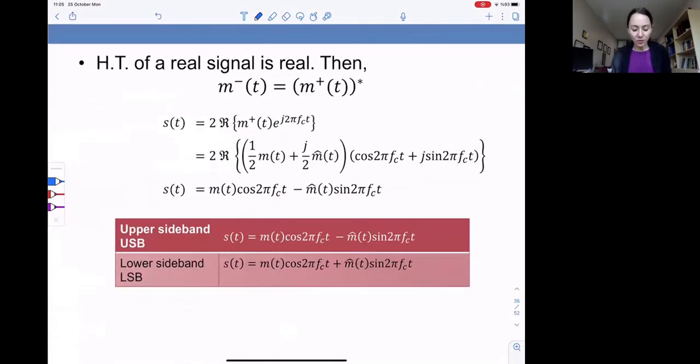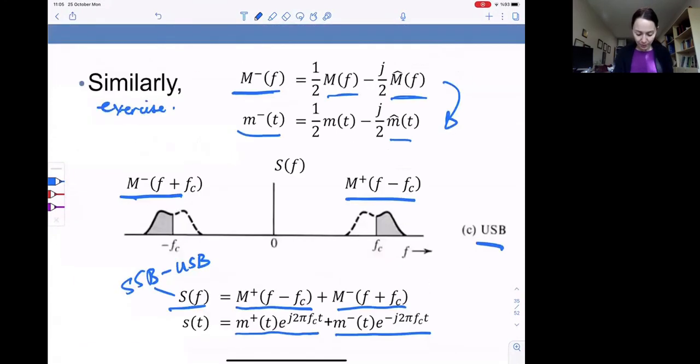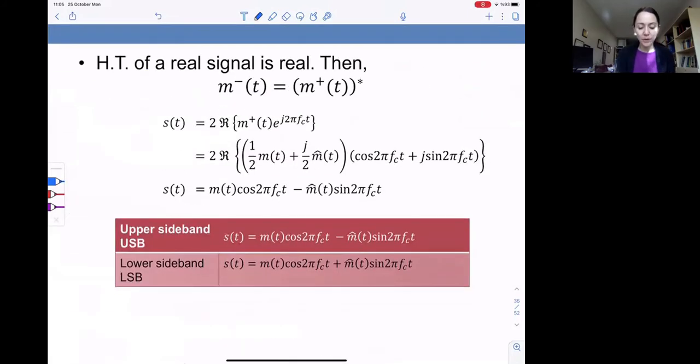Now, we will stop using this m plus and m minus and switch to the language of Hilbert transform. Here is how we will do it. Notice that the Hilbert transform of a real signal is real, okay, because it's just convolution by 1 over pi t. Then m minus is nothing but the complex conjugate of m plus.